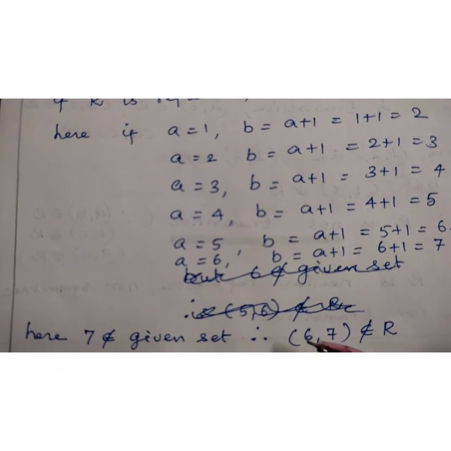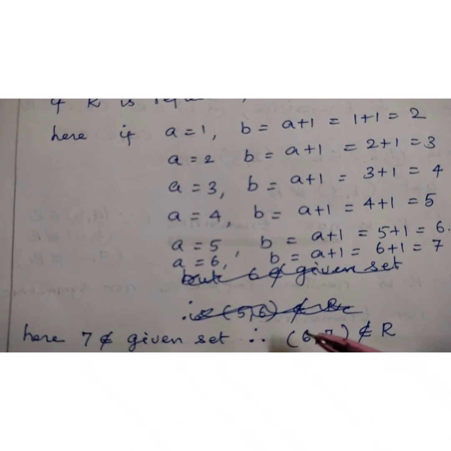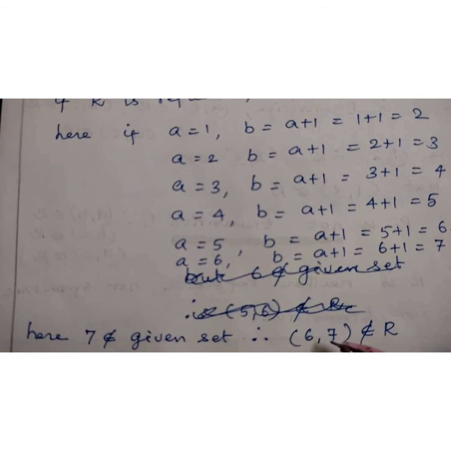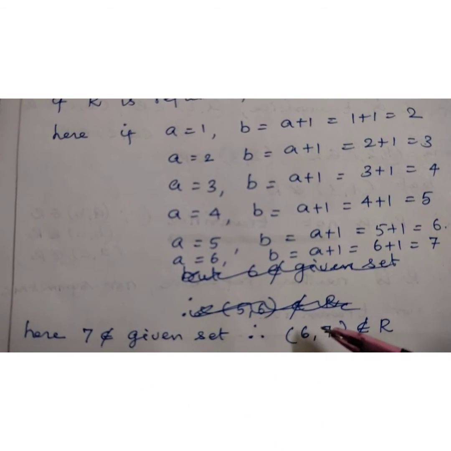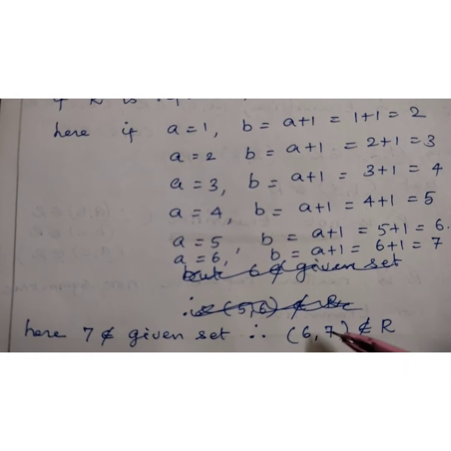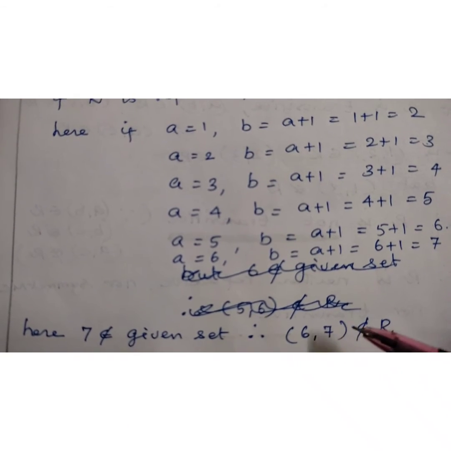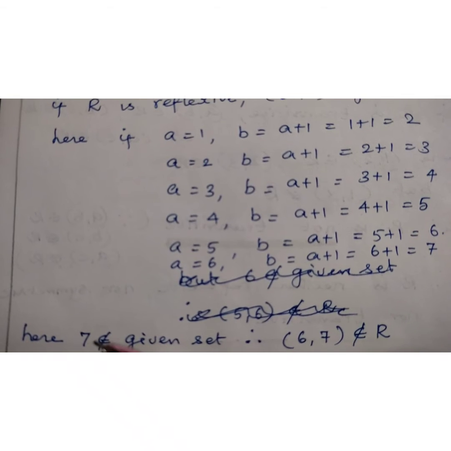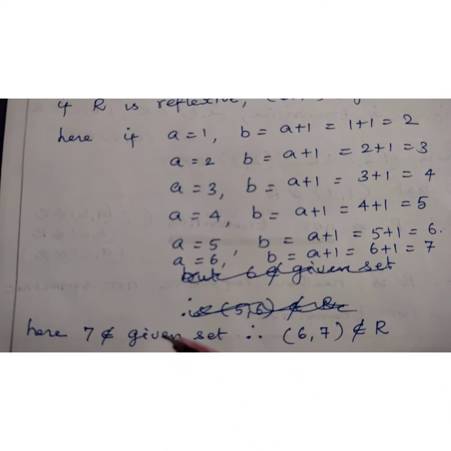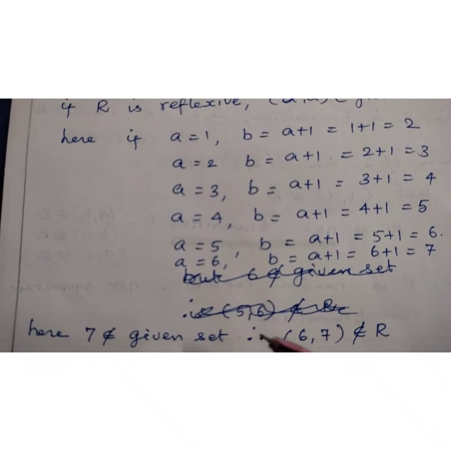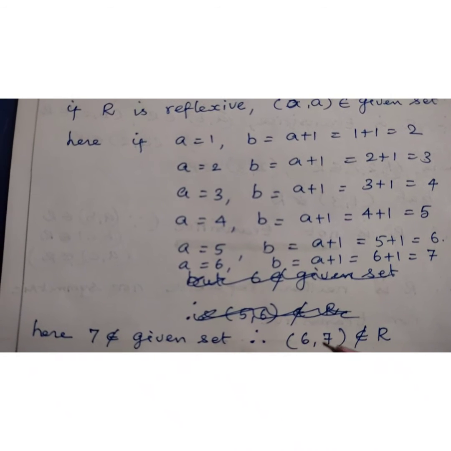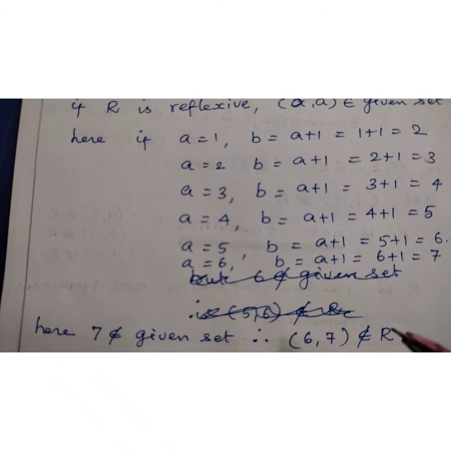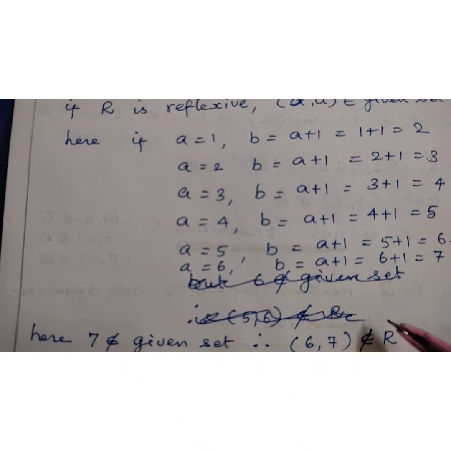Therefore the pair which has the number 7 does not belong to R. Here we understand the point. 7 does not belong to the given set. Therefore, the pair 6, 7 does not belong to the relation.